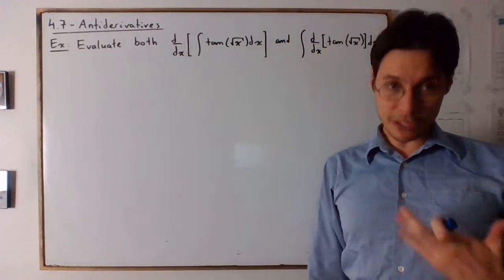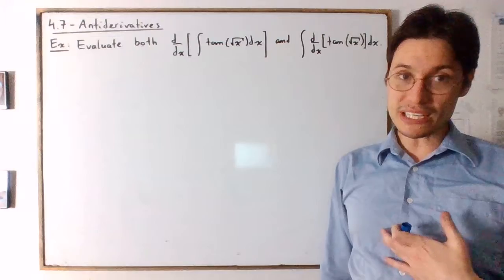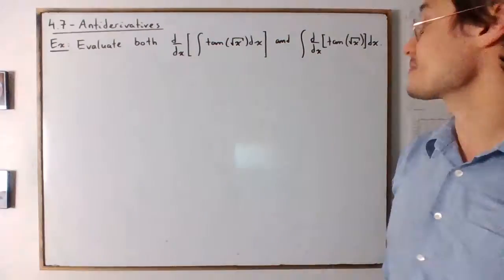So what we're gonna do is give a name to the antiderivative of tangent of square root of x.